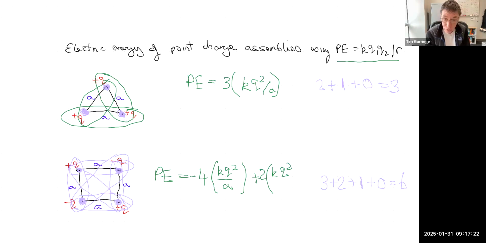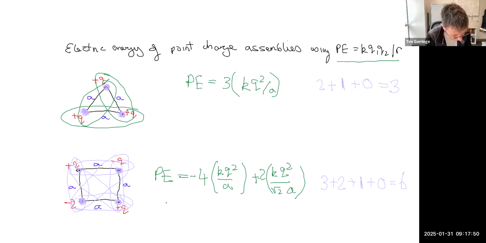So this is going to be Q squared plus Q squared divided by the distance between them, which is square root of 2 times A. And so these are the two contributions from the nearest neighbor charges and the opposite corner charges. Together they make up the 6 pairs that contribute 6 contributions to the total potential energy.